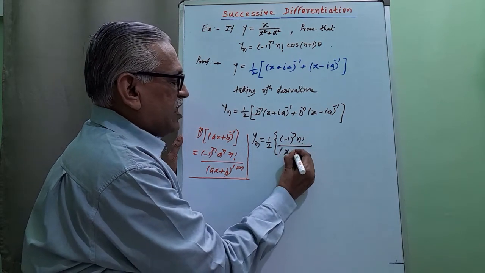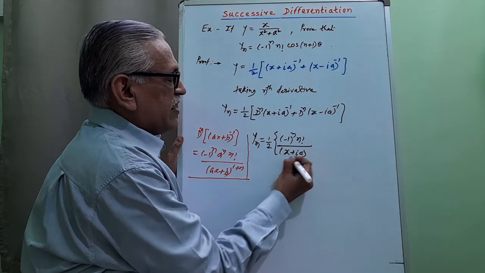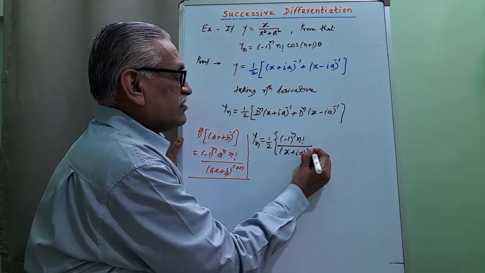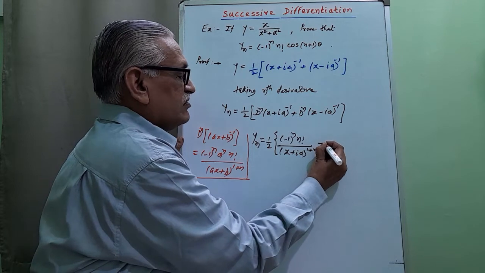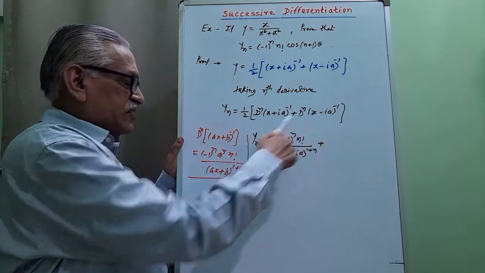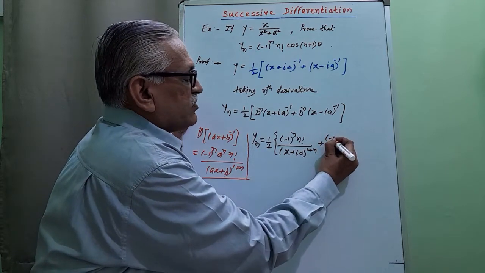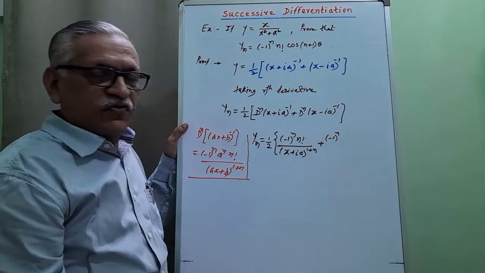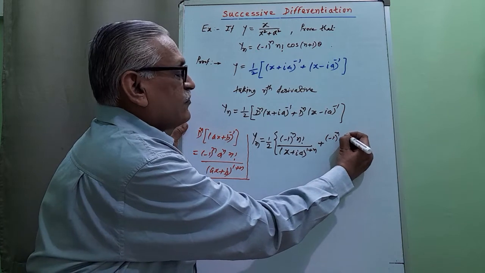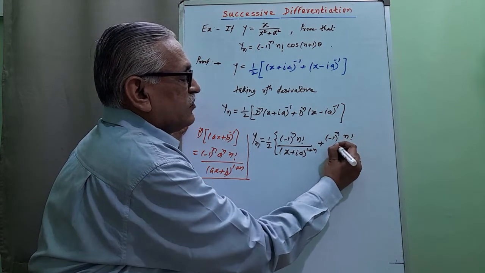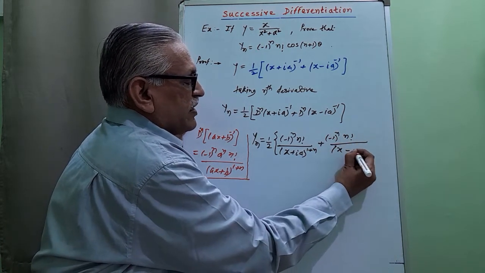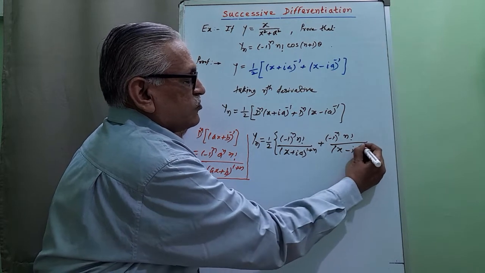Here it is x plus ia, raised to 1 plus n, plus the nth derivative of the second term. By applying this result once again, we get minus 1 raised to n, 1 raised to n is 1, n factorial divided by x minus ia raised to 1 plus n.